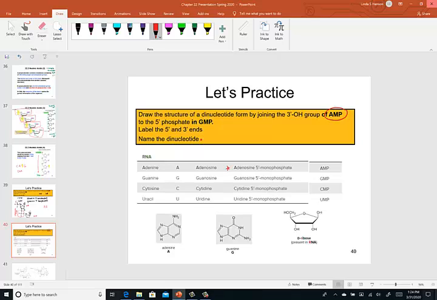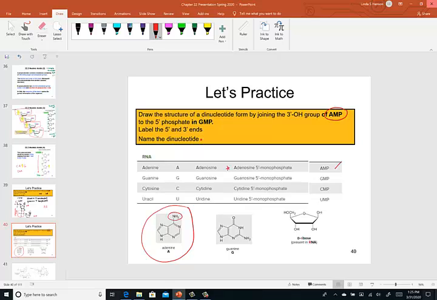I labeled it as adenosine 5' monophosphate. That's AMP. Here's what we need to recognize as adenine. We know that it is a 2-cyclic ringed base, and that the major functional group up here in the second ring is an amine.